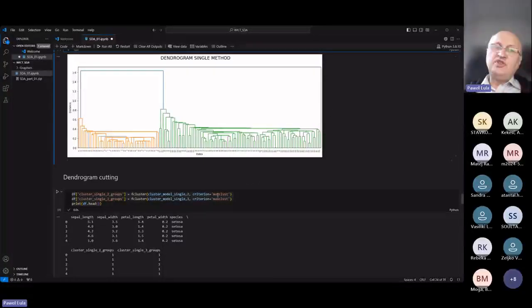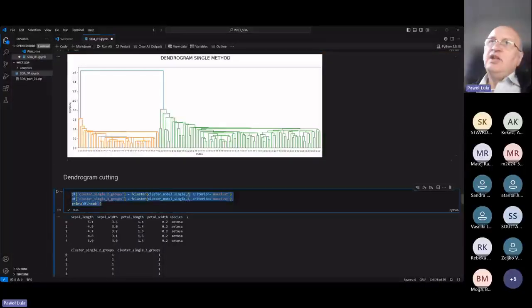We should define a position of this line. And here I defined this position here. It is not a distance value, but this parameter says how many clusters I'm going to obtain. Here I'm going to obtain 2 clusters.